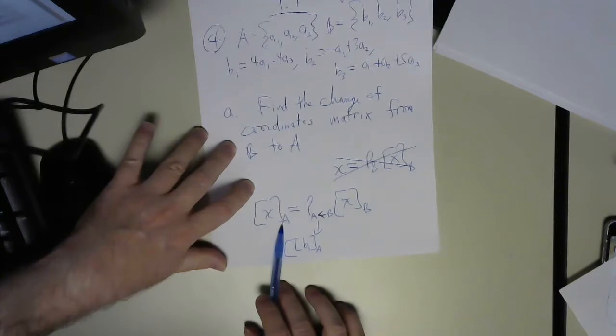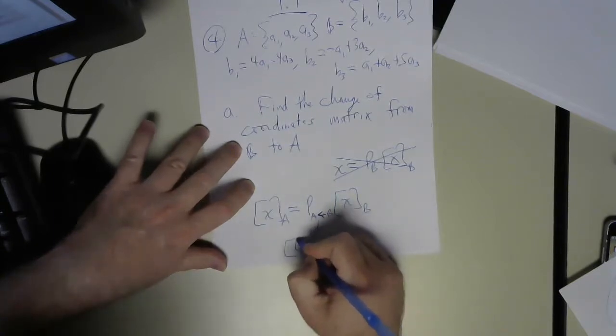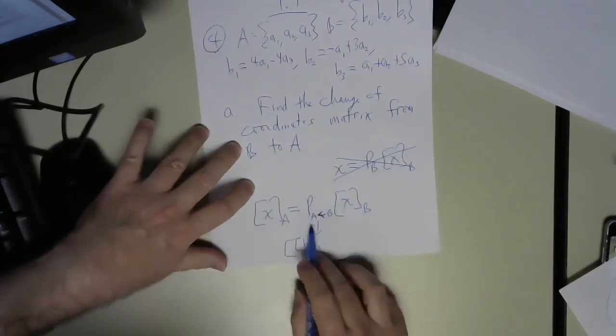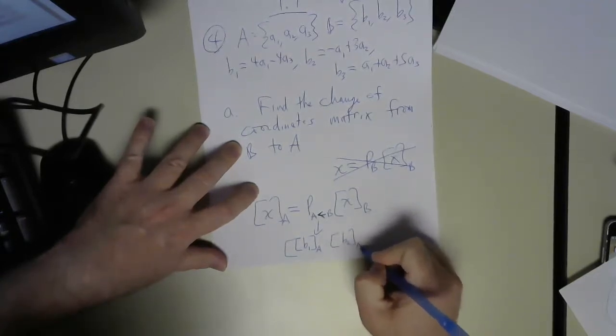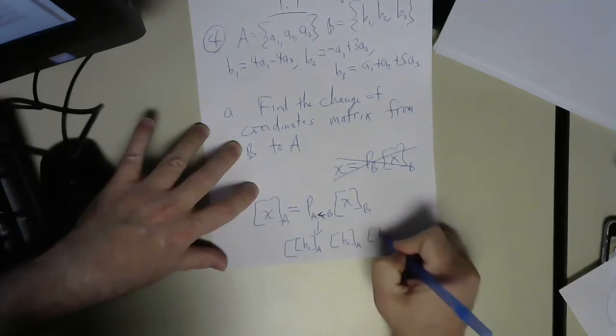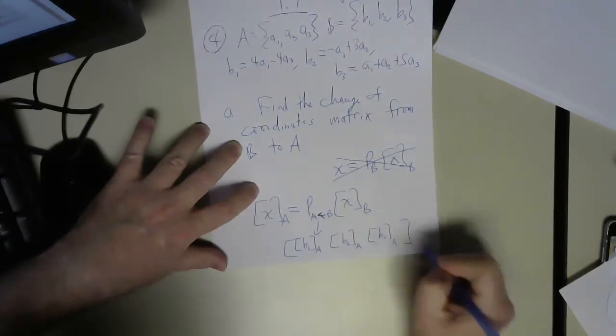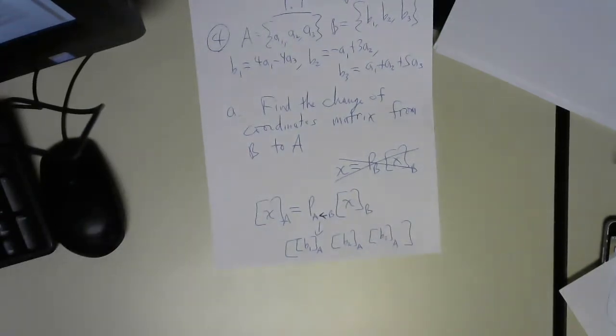In this case, it's A. So that's the first column of this change of coordinates matrix. This is the second column, and this is the third column. You can kind of verify for yourself if you like that that will actually do what it's supposed to do.